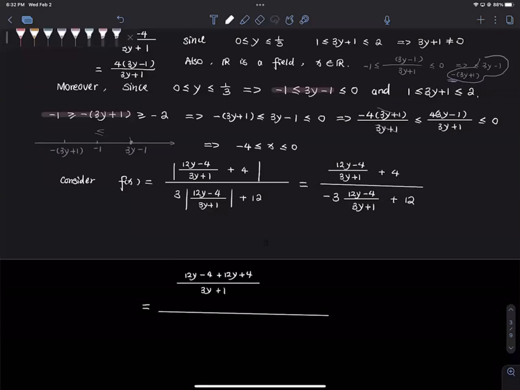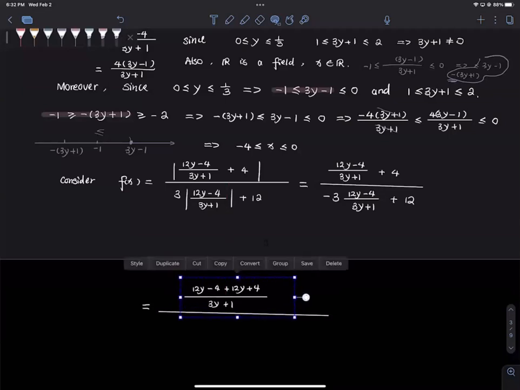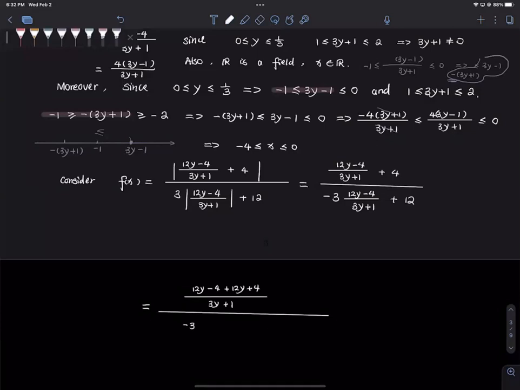And down here, we have, now it's just computation, nothing complicated going on here. Plus 12 plus 36y plus 12 over 3y plus 1. Okay, so those two canceled out. Those two canceled out. Those two canceled out.